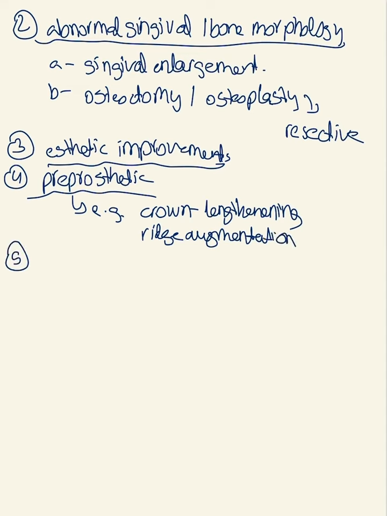Fifth indication is if we have mucogingival problems. That means if we have a decreased zone of keratinized gingiva, we have decreased periodontal health, which leads to recession.